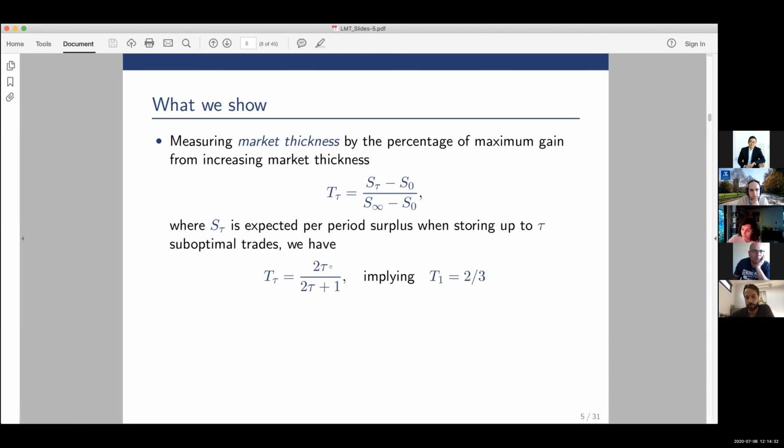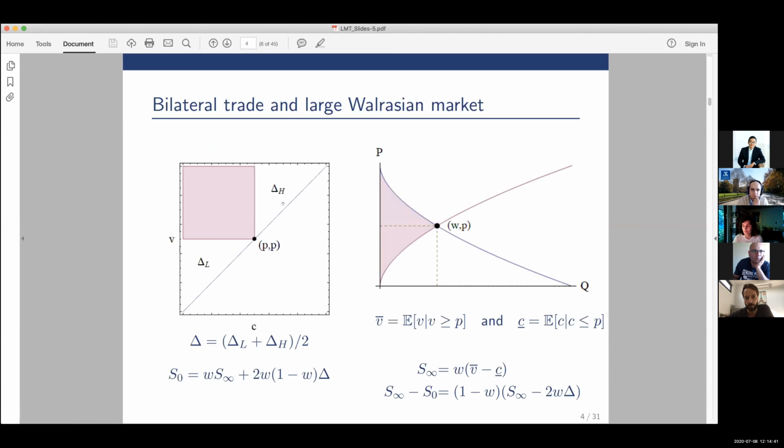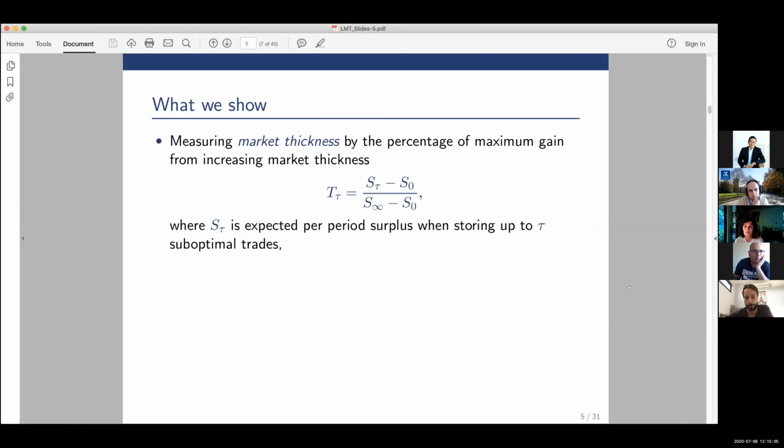And so what we're going to show is that if you store up to tau suboptimal trades, maybe I should be a little bit more precise here. What is a suboptimal trade? Well, it's a buyer with a value above P and a seller with a cost above P. Or conversely, a buyer with a value below P and a seller with a cost below P. That's a suboptimal trade because it consists of an agent who should trade under efficiency in the continuum limit and an agent who wouldn't and shouldn't.